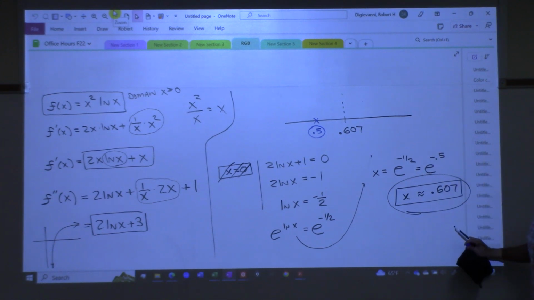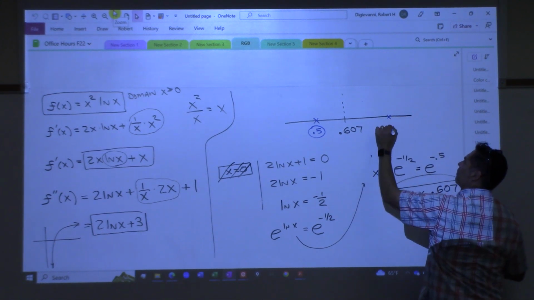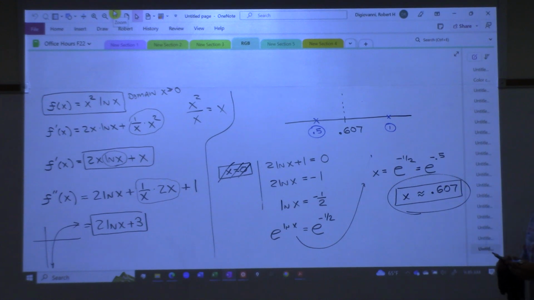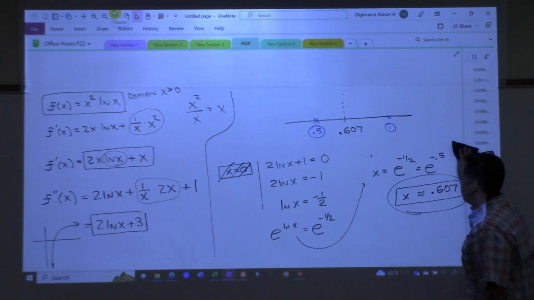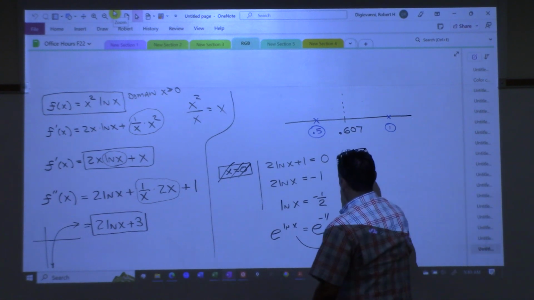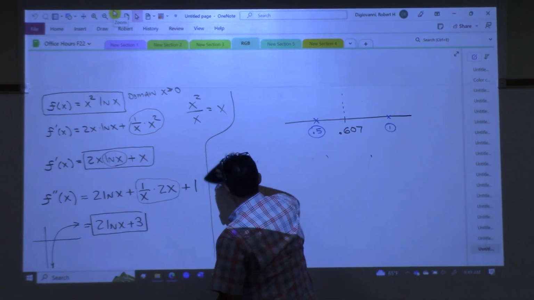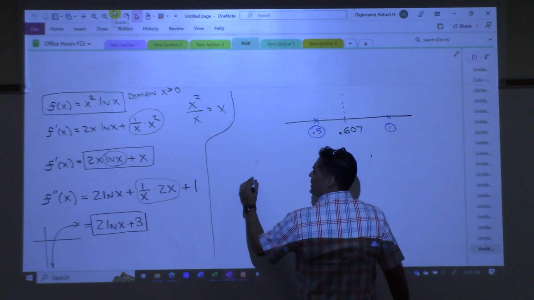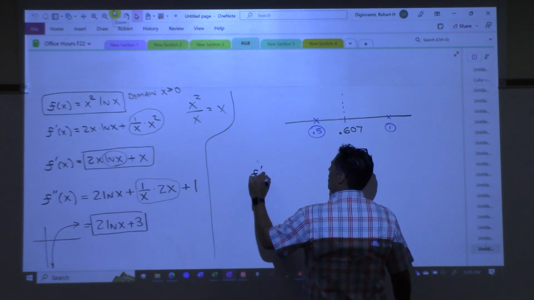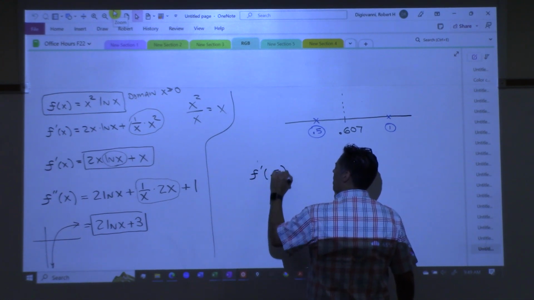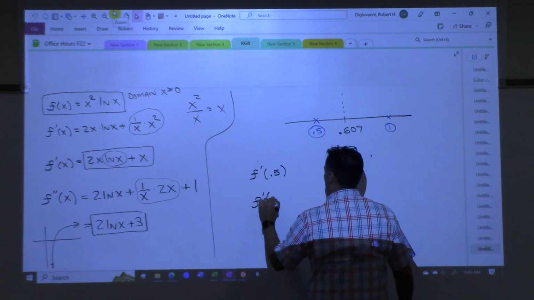How about 1? And where do those get plugged in? Into the derivative. So let's plug those in. I'm going to do f prime of 0.5, and I'm going to do f prime of 1.